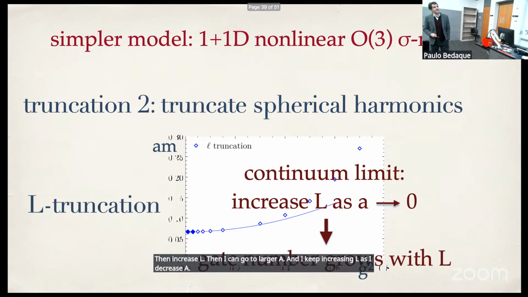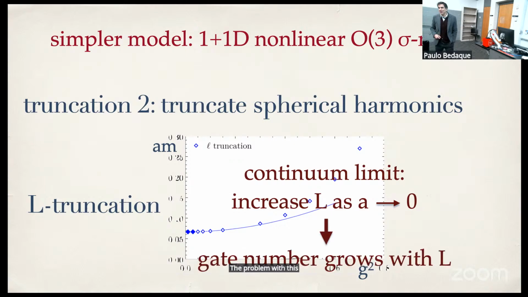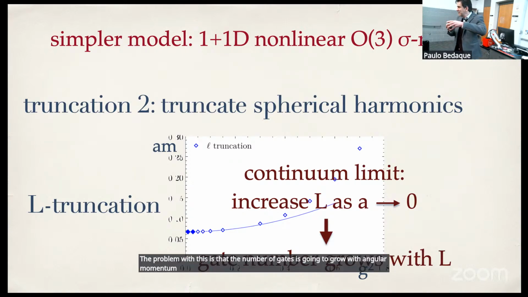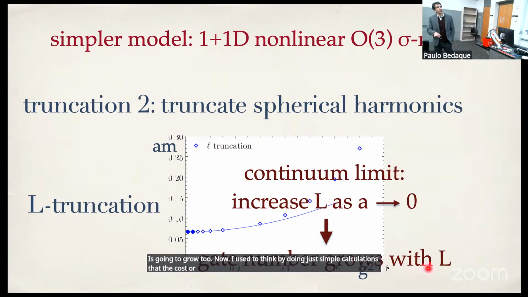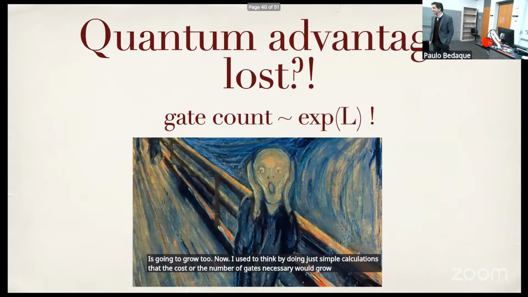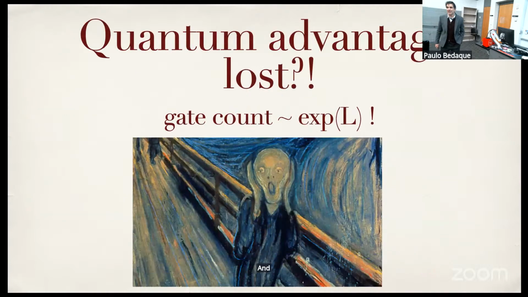The problem with this is that the number of gates is going to grow with the angular momentum, because the Hilbert space at every site is growing, quadratically, in fact. So the number of gates necessary to do a single step in a single site is going to grow too. Now, I used to think by doing just simple calculations that the cost of the number of gates necessary would grow exponentially with L. And if that's the case, that's what I promised to you.